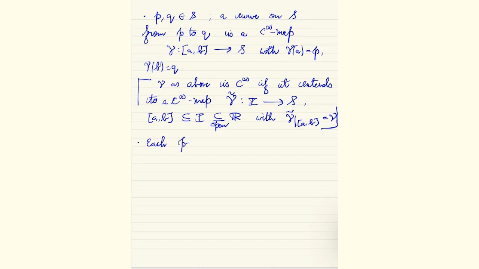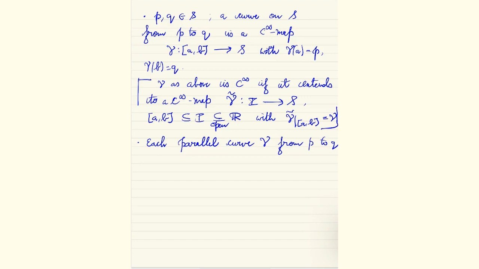So now, once you know what it means for a curve to join 2 points, a smooth curve, you take a curve from P to Q, and this determines a map between the tangent spaces.